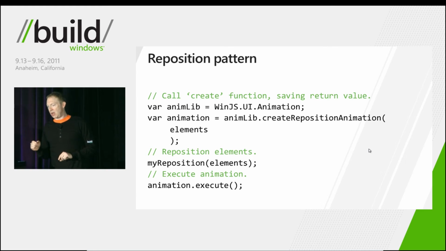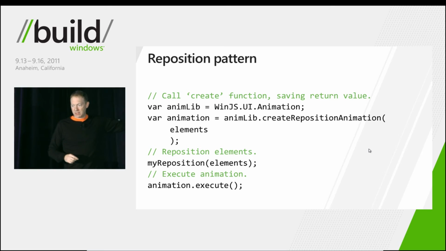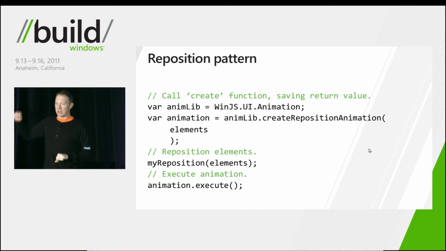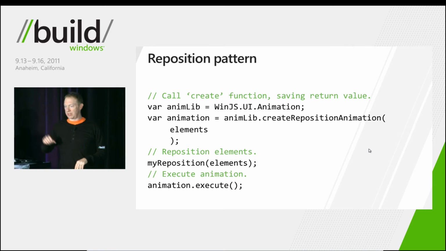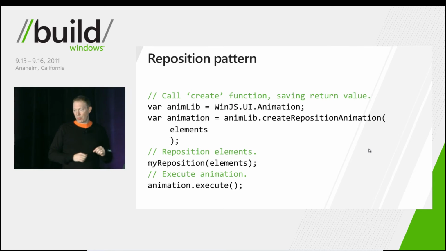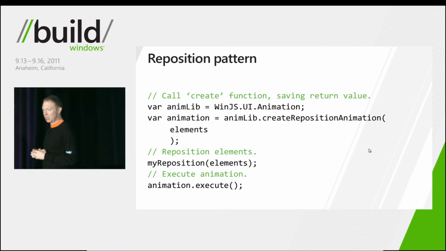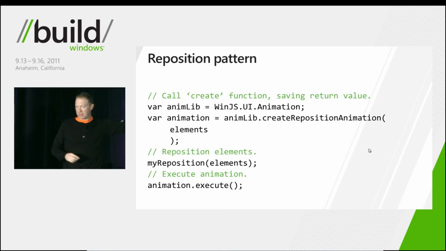You first call create reposition animation. That's step 1. You then reposition your elements, step 2. You then call animation execute, step 3. And animation is the object returned from create reposition animation. What's happening is, again, if we have our friend the bunny, we're going to move the bunny over here. Create reposition animation stores the bunny's offsets.